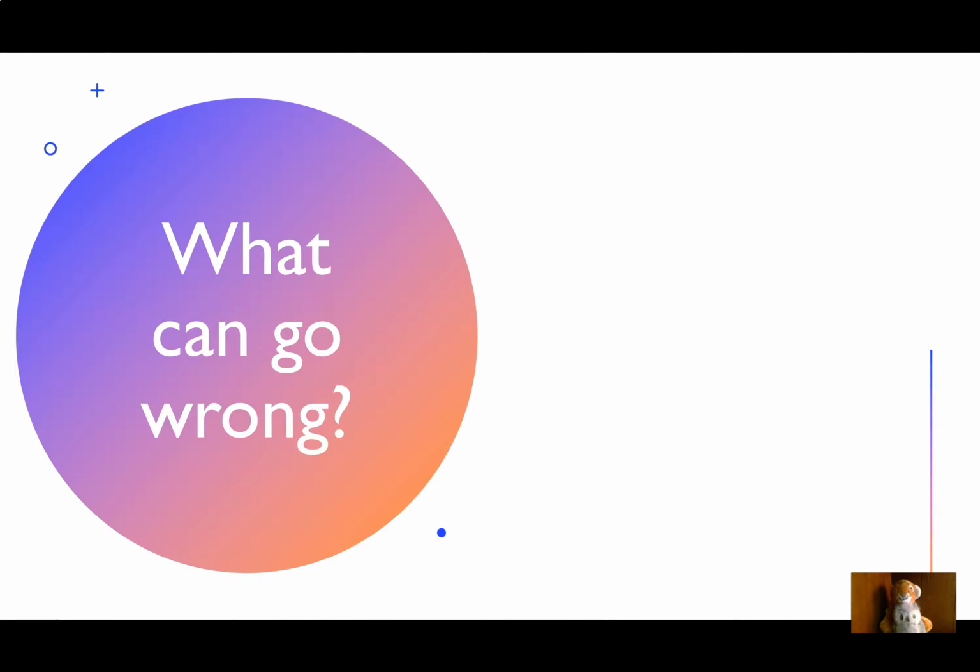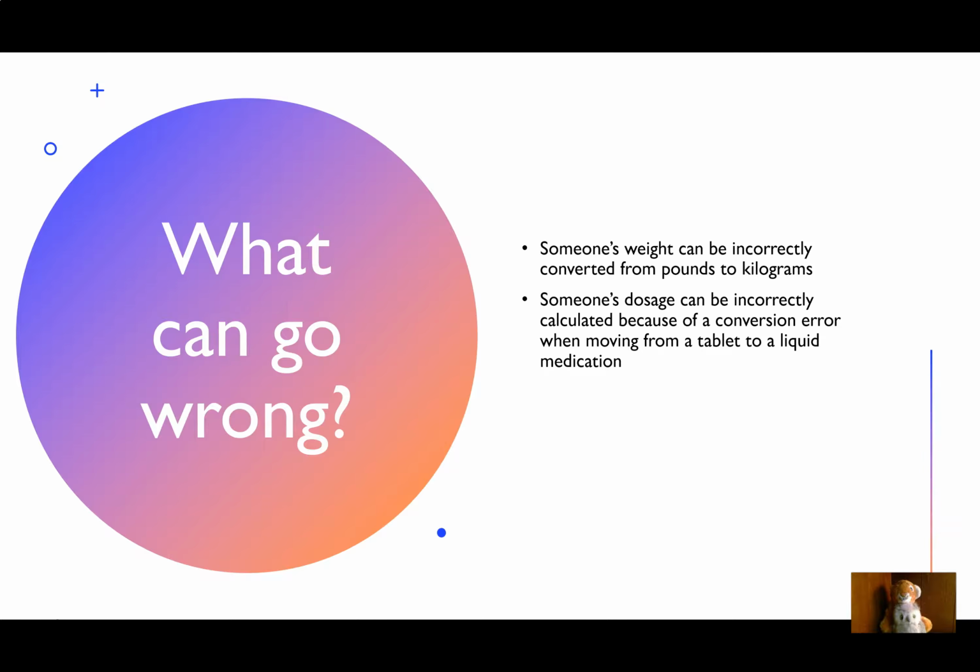So what can go wrong with these medication dosages? Well, first of all, most dosages are calculated based on somebody's weight. So if we're using pounds in one place to represent somebody's weight, but kilograms in another, and we incorrectly convert, then somebody could be not given enough medication, or maybe they're given too much and they're overdosed.